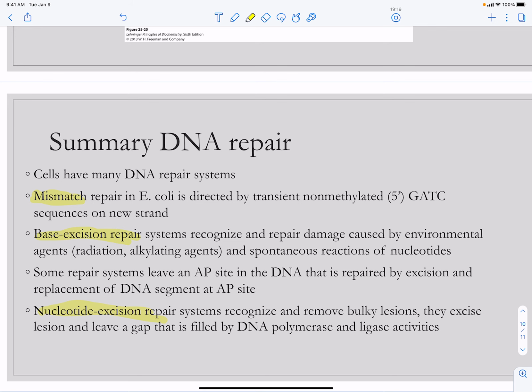Base excision repair is going to lead to an apurinic or apyrimidinic site, and that site will have to be replaced with DNA. Nucleotide excision repair is going to take care of lesions that distort the actual structure. So they're going to remove those bulky lesions, and then they're going to fill them in with polymerase and ligase. The difference between eukaryote and prokaryote is the amount of the DNA that's removed.